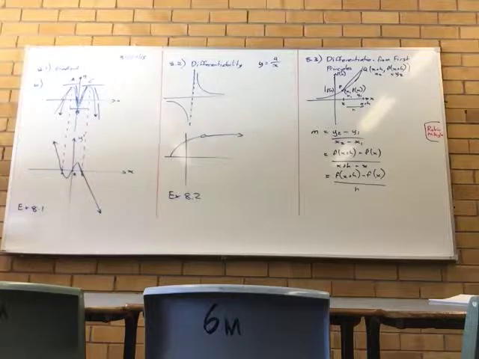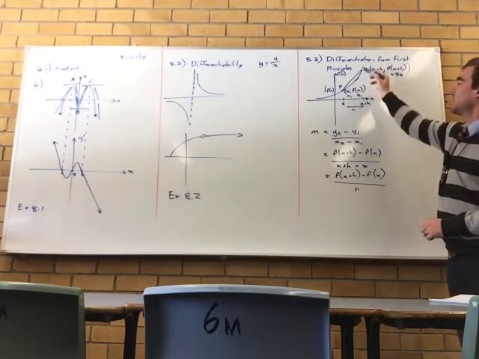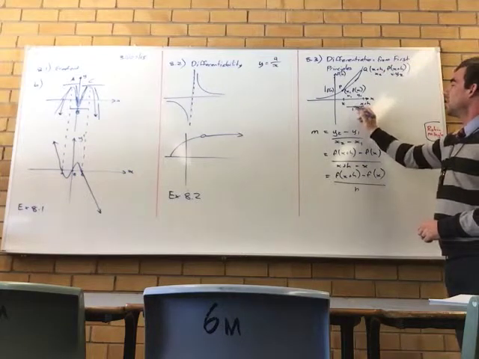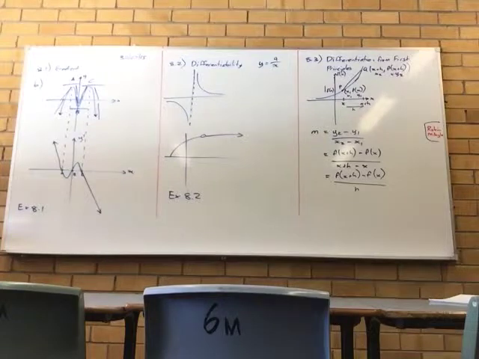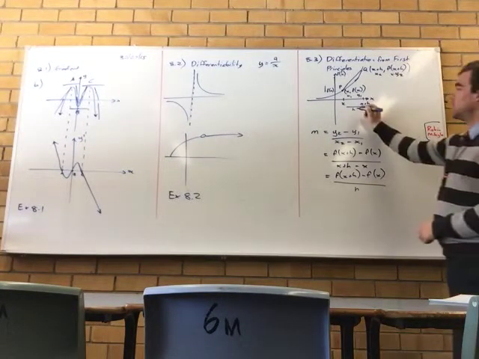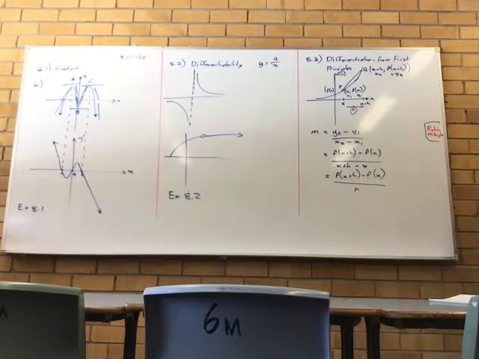So if I want to change this secant to a tangent, a secant cuts at two places, the tangent touches at only one place. What does this value have to be for me to achieve that?